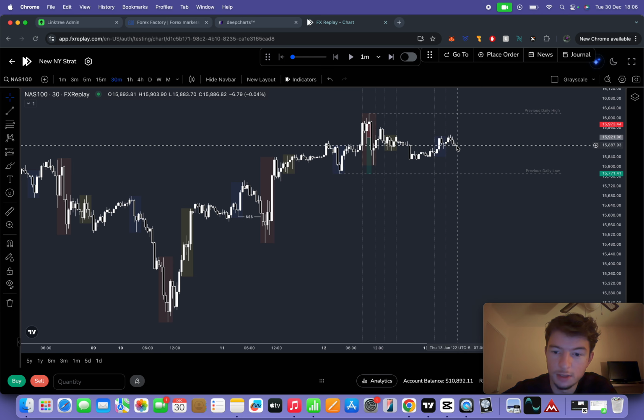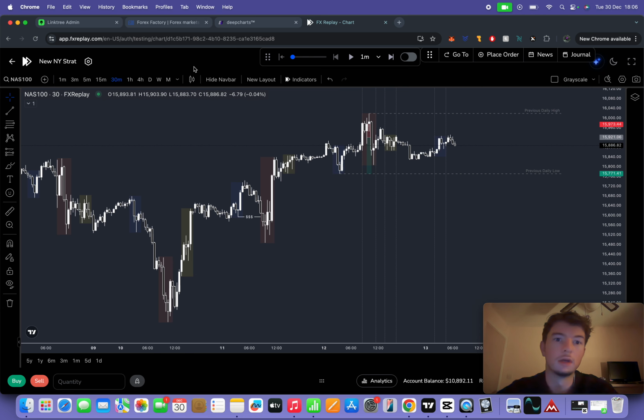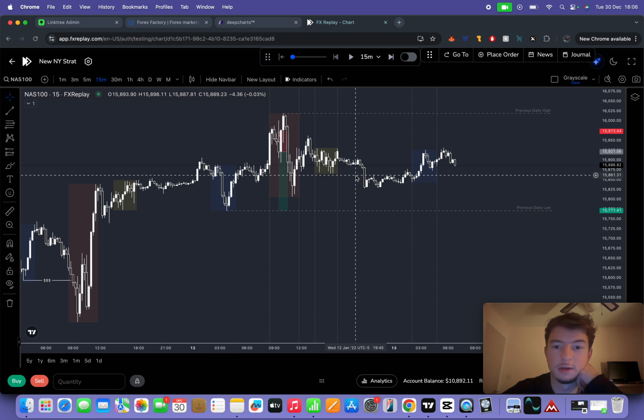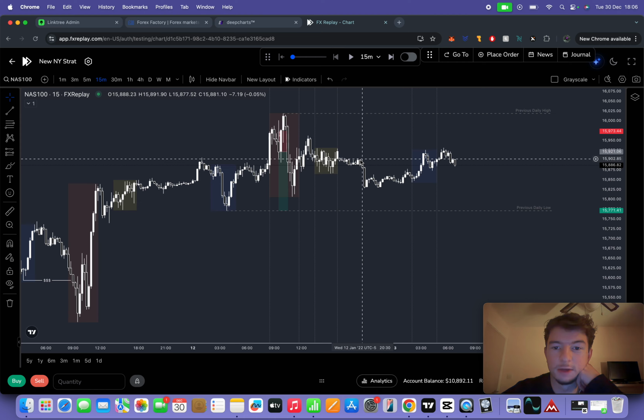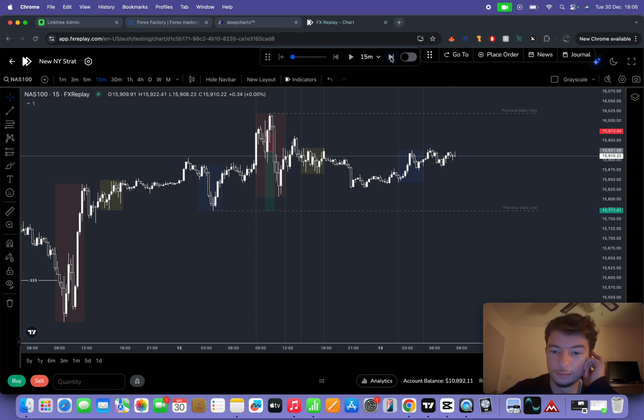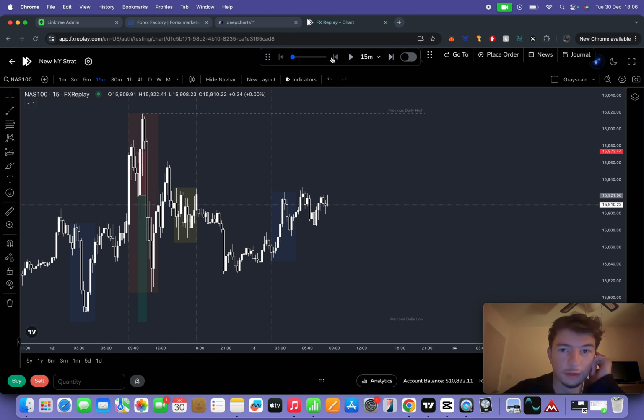When I go to that, it puts us at 7. So from here, looking at the range, we've got previous daily high, previous daily low, PM low, Asia high, Asia low, around that sort of level. Move that across a little bit.